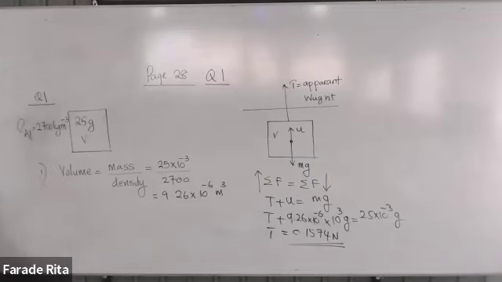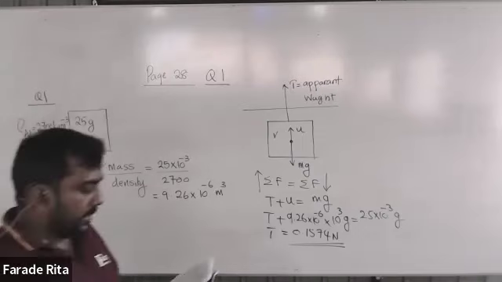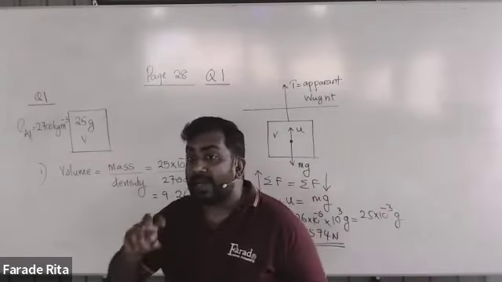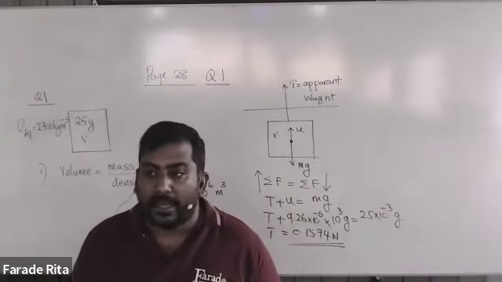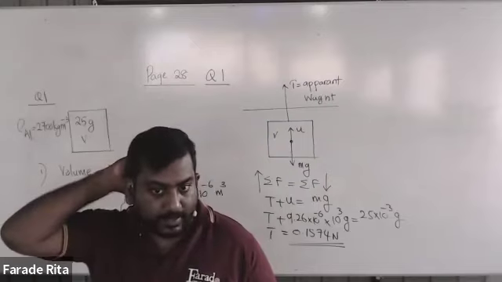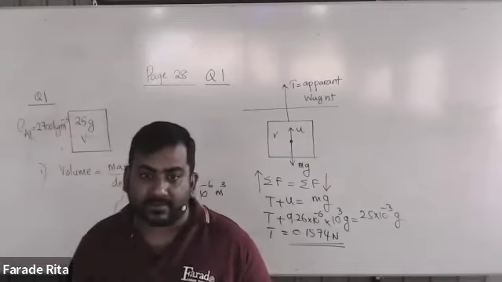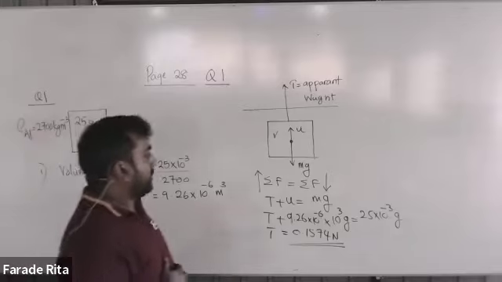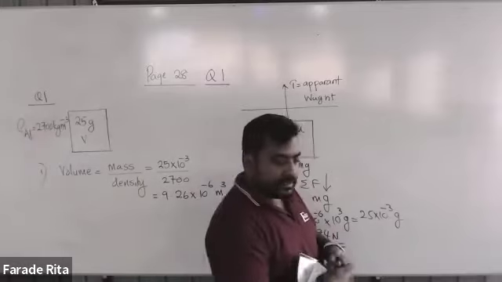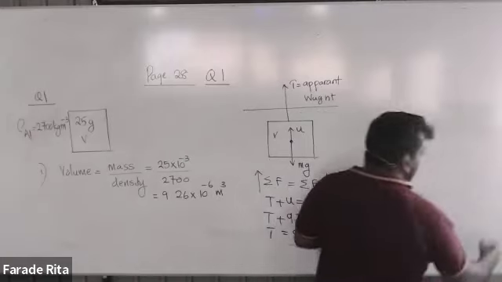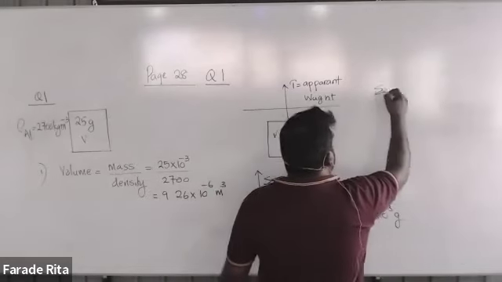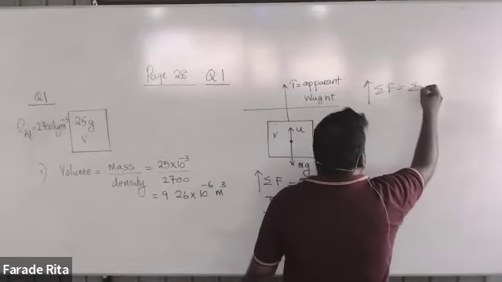Okay. Question number two. Now, when they say weight in air, mass in air means actual weight. Mass in water means what? Tension. Mass in water means tension, apparent weight. Sum of forces upward balances sum of forces downward.